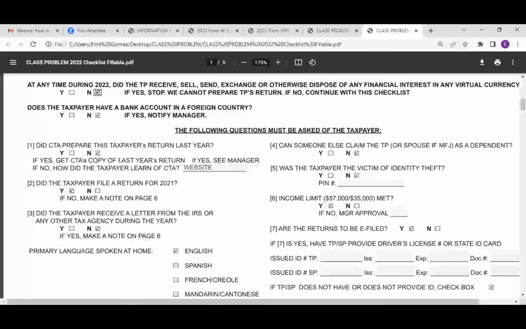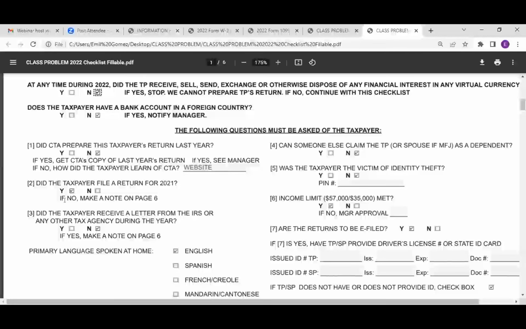Certain people in community tax aid are responsible for filing these FATCA forms separately, by separate electronic transmission. So if you do come across that, of course, if there's any income earned on that foreign bank account, it is recorded here in United States dollars. Somehow we'll have to translate that foreign currency into United States dollars. But if it meets certain thresholds, they have to disclose the fact that they do have an interest in a bank account in a foreign country. Okay.